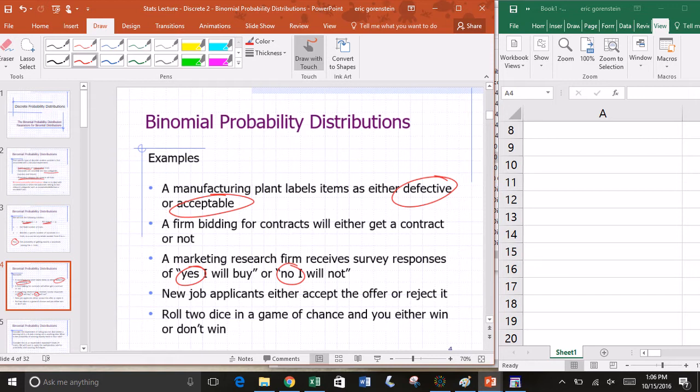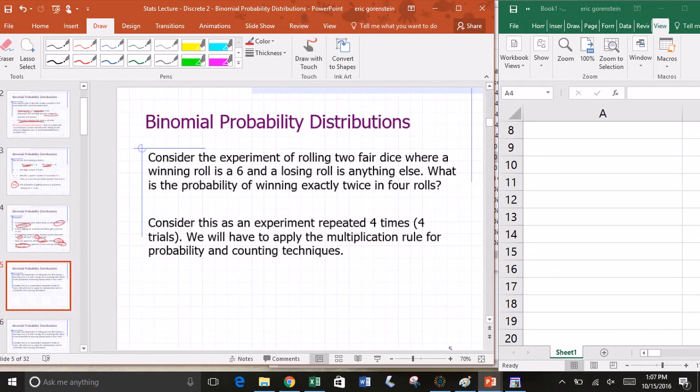A new job applicant either accepts or rejects an offer, and rolling a dice, you either win or you don't win. So again, there could be multiple possible outcomes, but we categorize them all into one of two groups, either success or failure. So for example, before we establish the formal formula for binomial probabilities, consider this experiment.